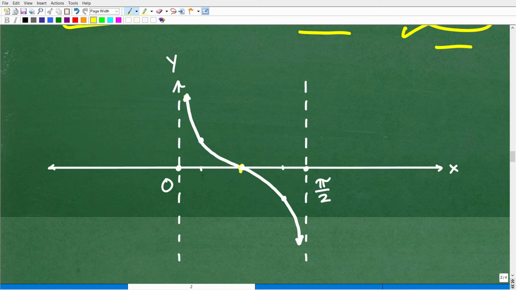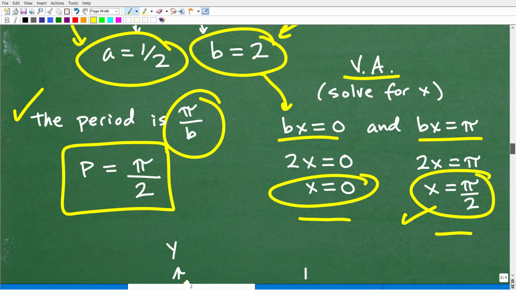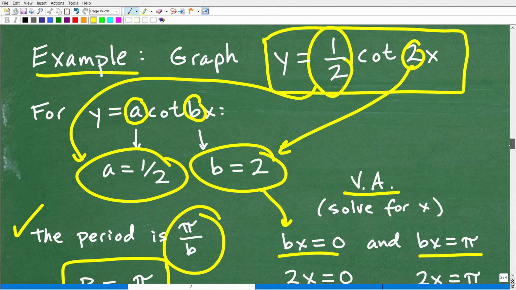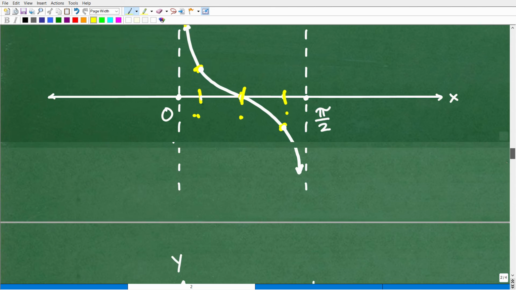But here's cotangent, it's coming right through the middle right here. But remember, now we have to divide this up into 4 sections, and then we're going to have to figure out what these are on the x-axis, and we're going to basically have to come up with the location so we can draw this smooth graph of cotangent, or actually the specific graph, which is y equals 1/2 cotangent 2x.